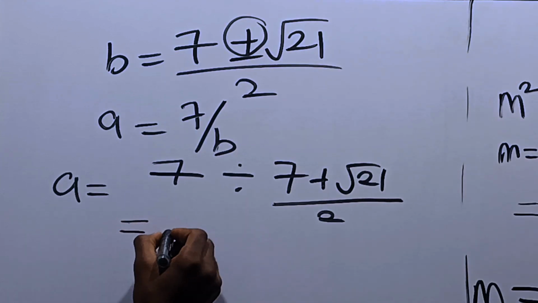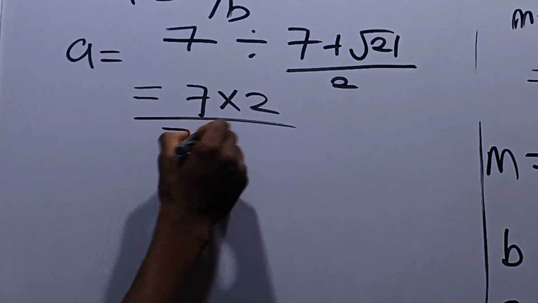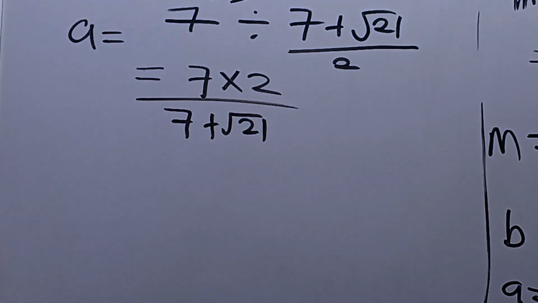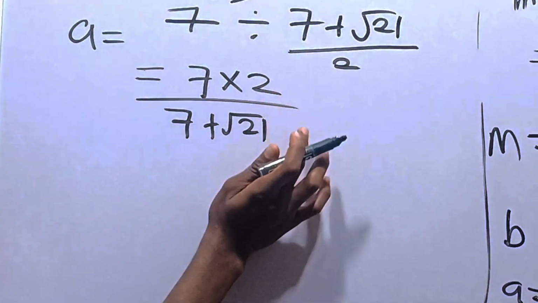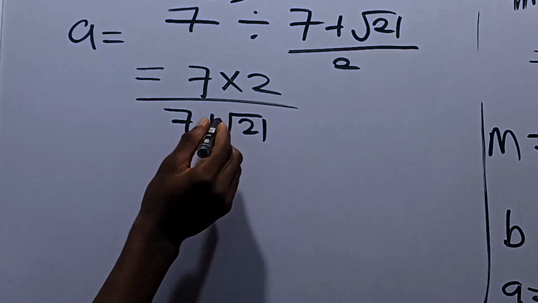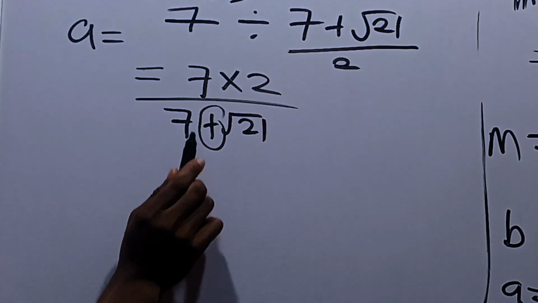Now this is equal to 7 multiplied by 2, divided by 7 plus root 21. From here, let's multiply both the numerator and denominator by the conjugate of the denominator. The conjugate is gotten by negating the sign. That's how I rationalize the denominator.